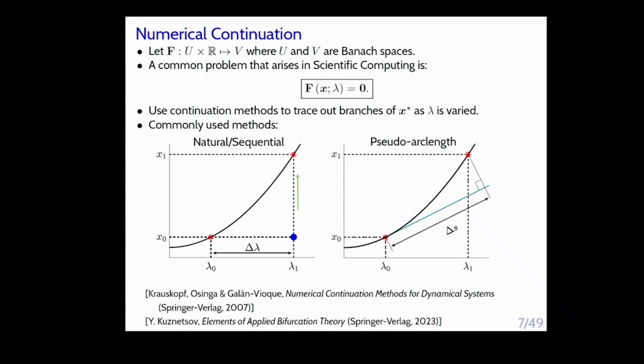You're going to continue over the arc length. The idea in two sentences is that starting from lambda naught and x naught, you're going to move tangentially by delta s. That is your prediction. And then you use an orthogonal correction using Newton's method in order to find this other point on your solution curve. This idea is capable of bypassing turning points.